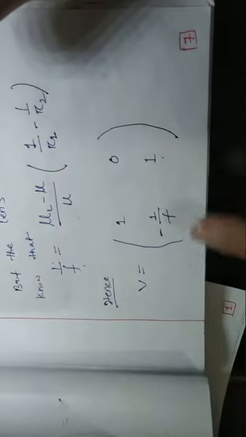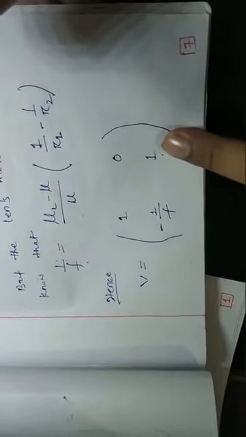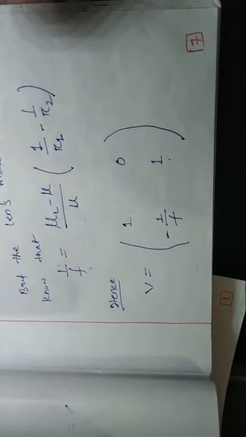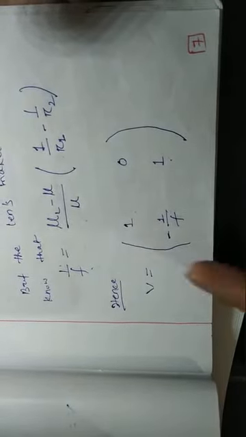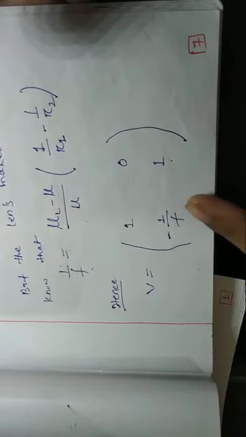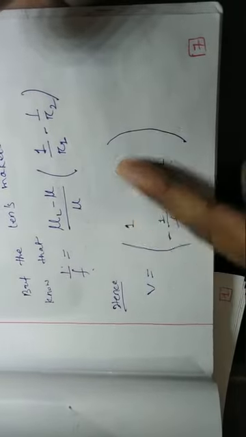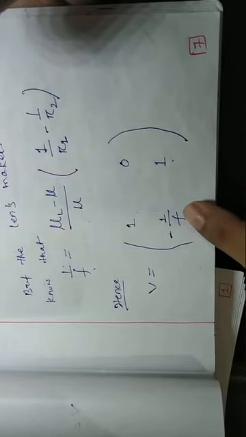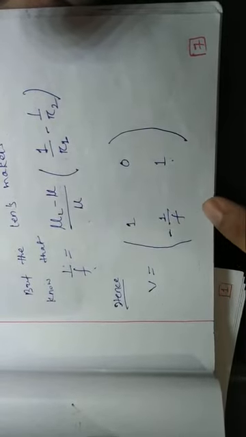So 1 0 minus 1 by F1. Whenever the ray is refracted by a lens, the refraction matrix will be this one. You have to remember that: 1 0 minus 1 by F1. Here F is the so-called focal length.